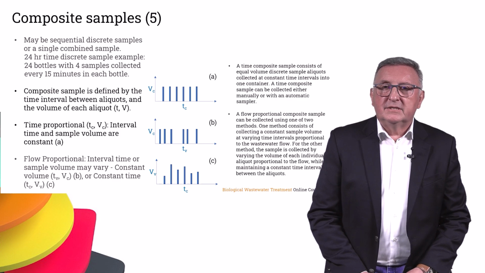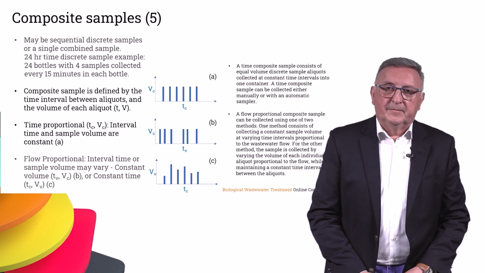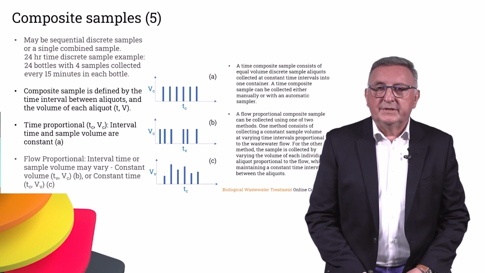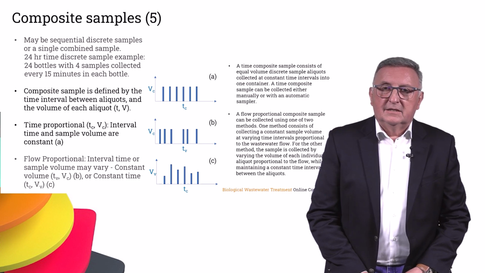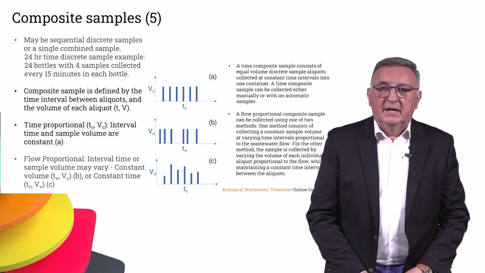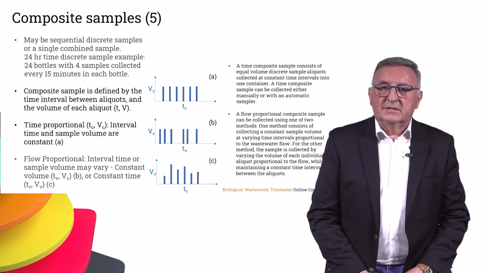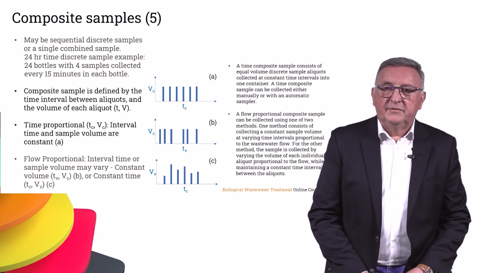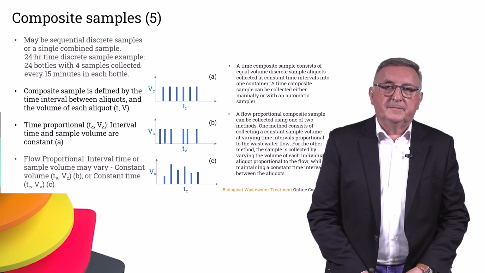A time composite sample can be collected either manually or with an automatic sampler. A flow proportional composite sample can be collected using one of 2 methods. One method consists of collecting a constant sample volume at varying time intervals proportional to the wastewater flow. For the other method, the sample is collected by varying the volume of each individual aliquot proportional to the flow while maintaining a constant time interval between the aliquots.